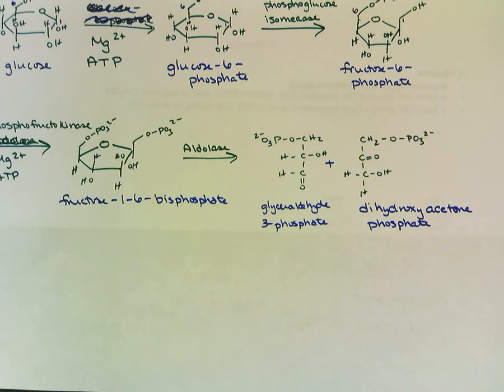And that is the end of the energy investment stage. So we've used 2 ATPs at this point. That's all the energy we're going to invest in the cycle. The rest of the steps, we'll get energy back out of the cycle.